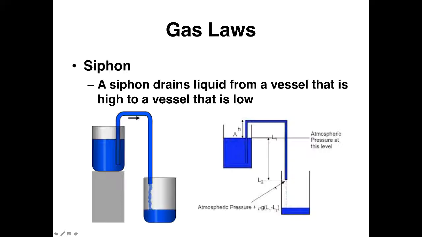And the difference here is equal to atmospheric pressure pressing here plus the density of the liquid times gravity times the difference in level. So this difference times this density times the gravity is the force that pulls down on this, in addition to the fact that you have atmospheric pressure pressing here. Because this is not filled up to the tube, atmospheric pressure has no impact here.